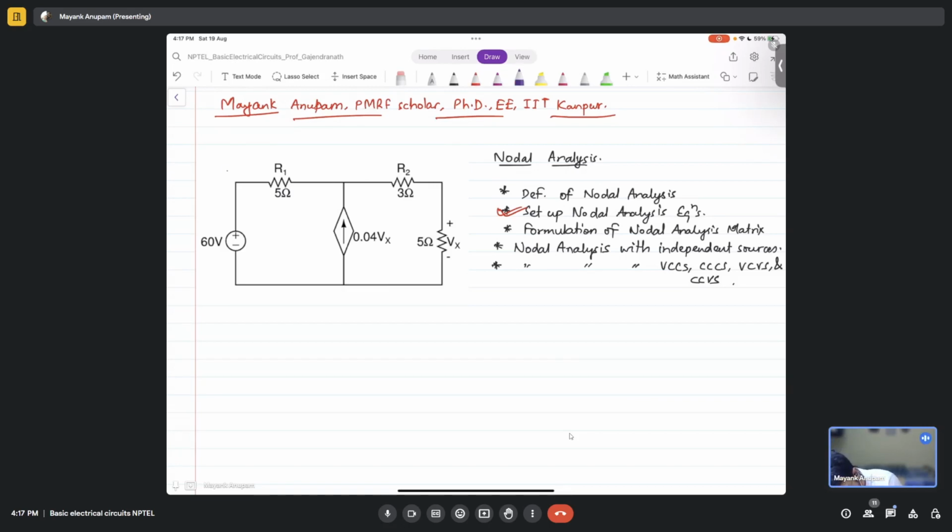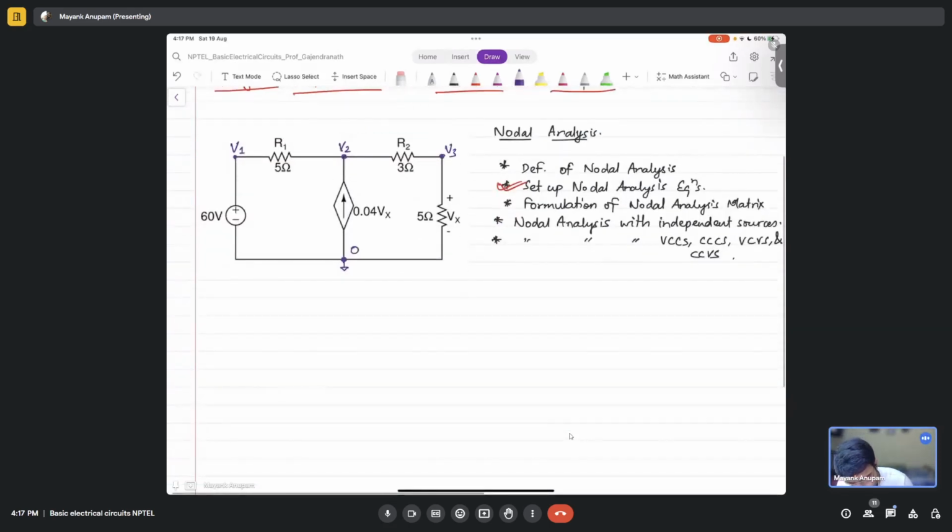So let's call this v1, this v2, and this v3. This is also a node, but we'll take it to be a reference node, and we'll ground it. We'll call it node 0 or 0 volt. Fine. So now tell me, what should I do next?